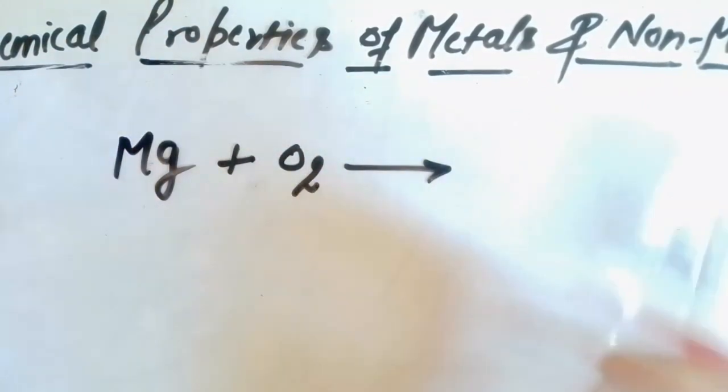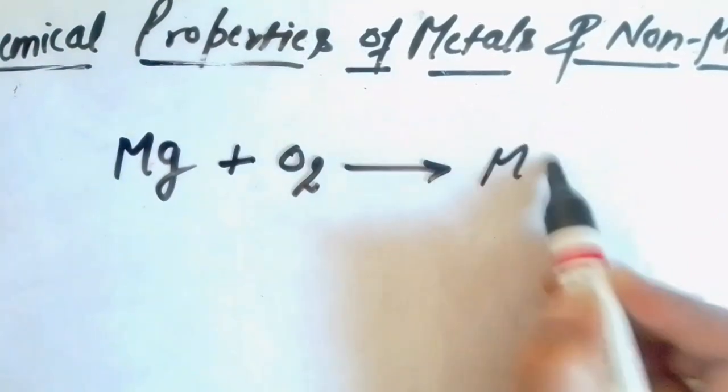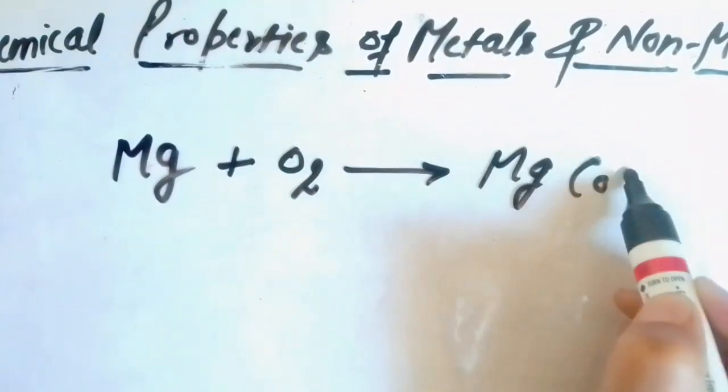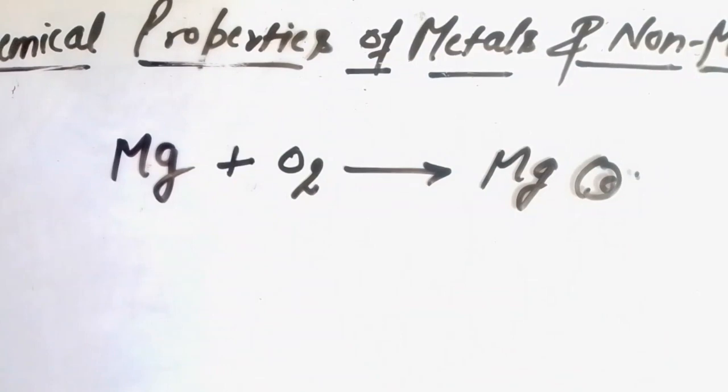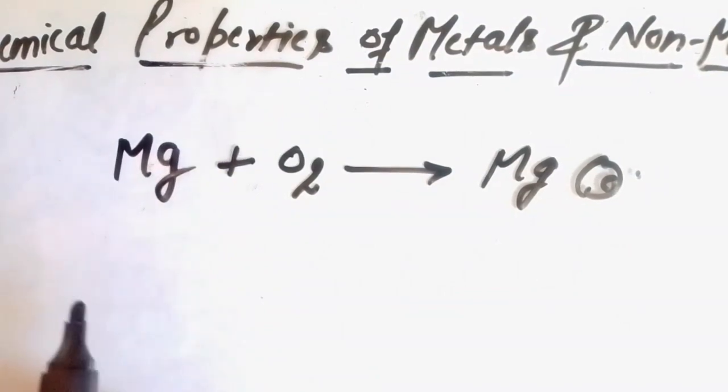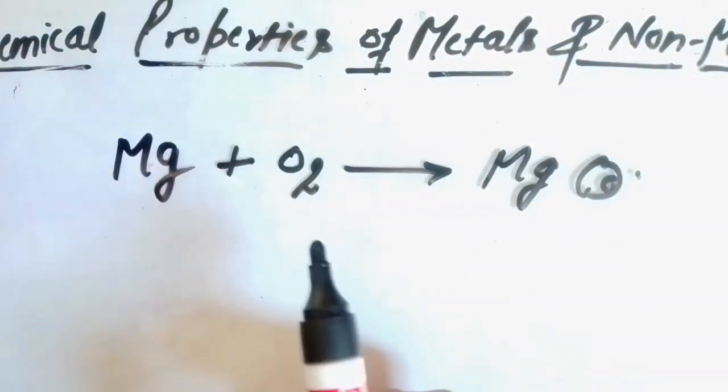So what is that white powdered ash? That is magnesium oxide, right? That is magnesium oxide. So this is the chemical equation form.